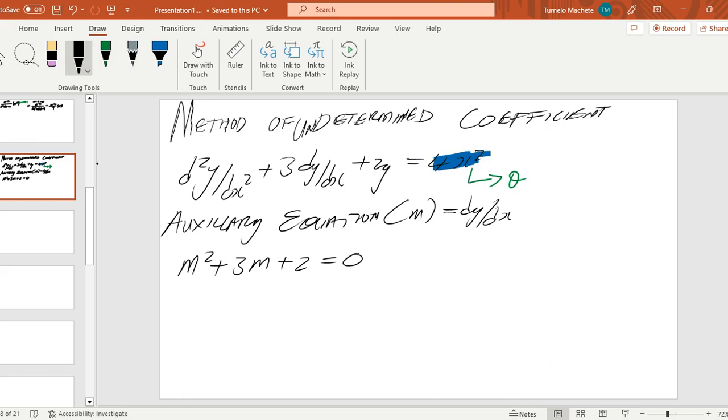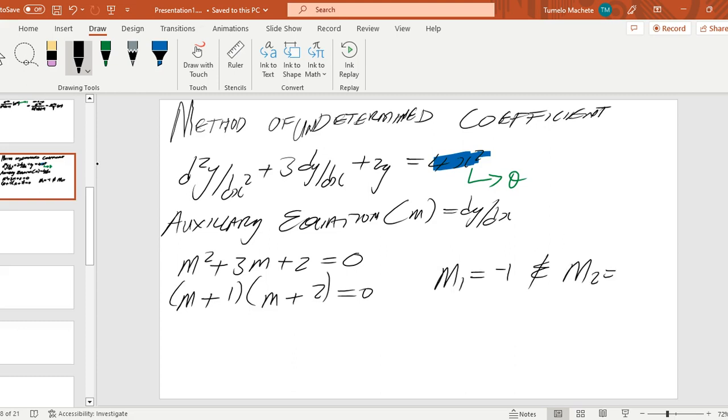The next step is to factorize this. The factors of 3 and 2 will be 2 and 1, and they're both positive. Then equate it to 0. So the value of m1 equals minus 1, and the value of m2 equals minus 2.